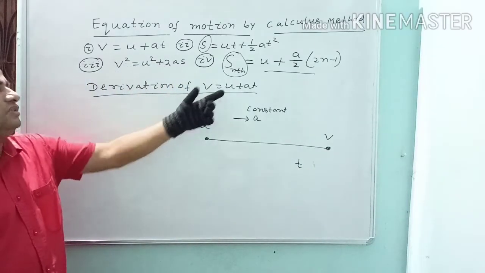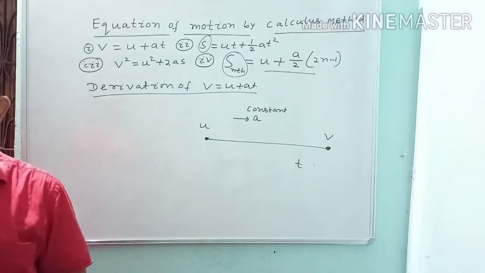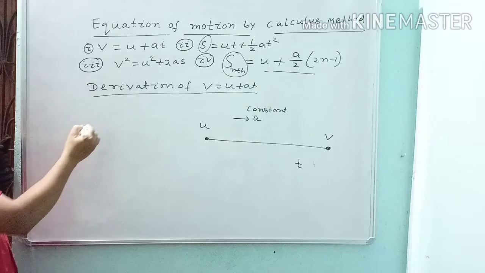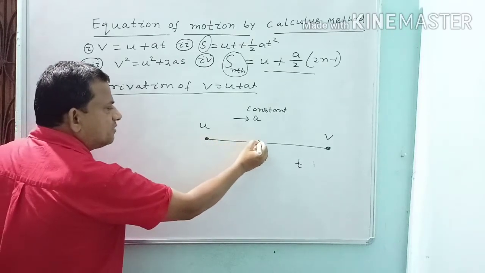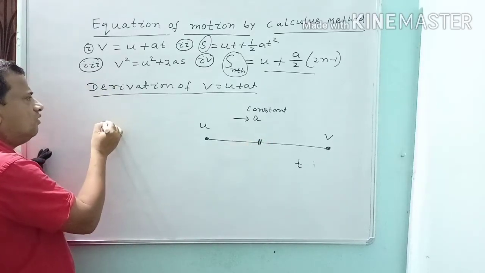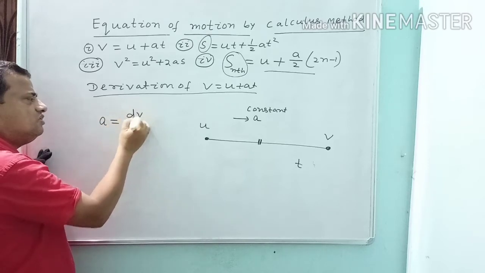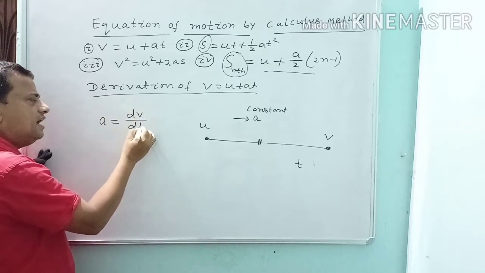So how to find this? What is the calculus? You see, you know at any instant, suppose you take this point, what is your instantaneous acceleration? A is equal to dv by dt.